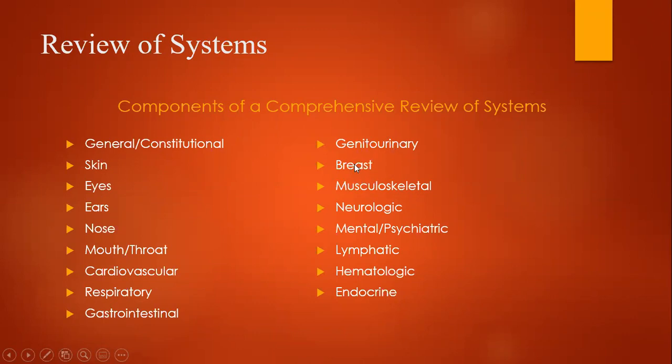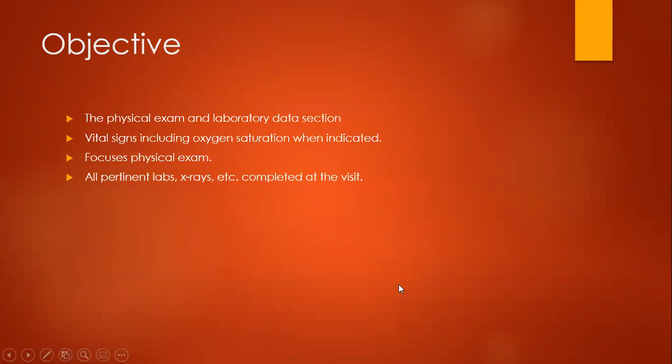In the breast, men and women both need to be evaluated. Musculoskeletal: muscles, joints and bones. Neurological: the nervous system, and mental or any kind of psychological issue need to be evaluated. Lymphatic system, hematology, blood and lymph, and endocrine systems.